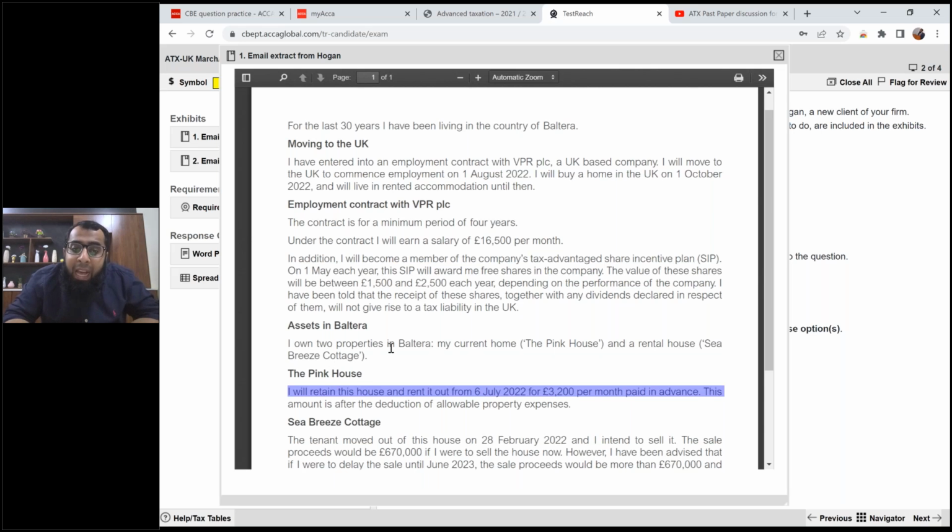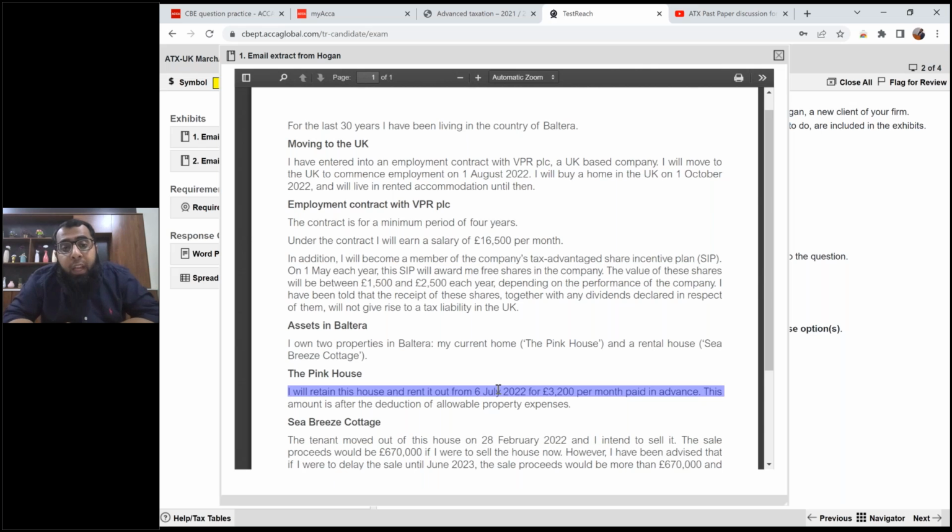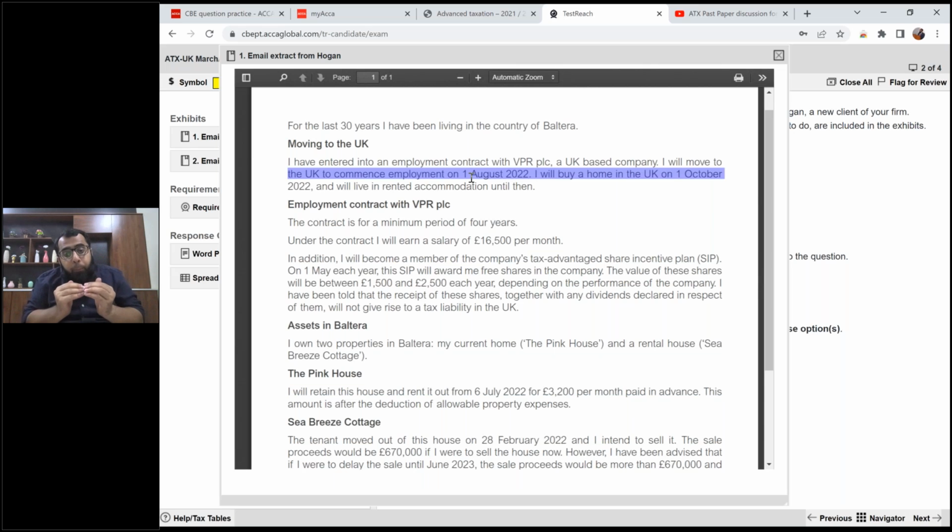Now, this pink house is in Baltira, so it is overseas income. The overseas income will start from 6 July 2022, but he will become resident from August 22. So the property income after that date will only be taxable.